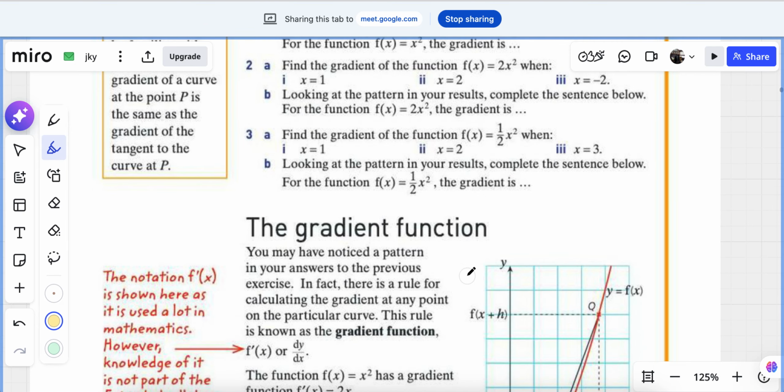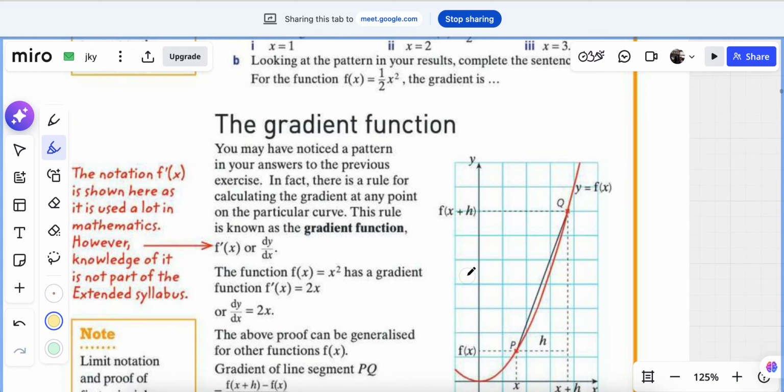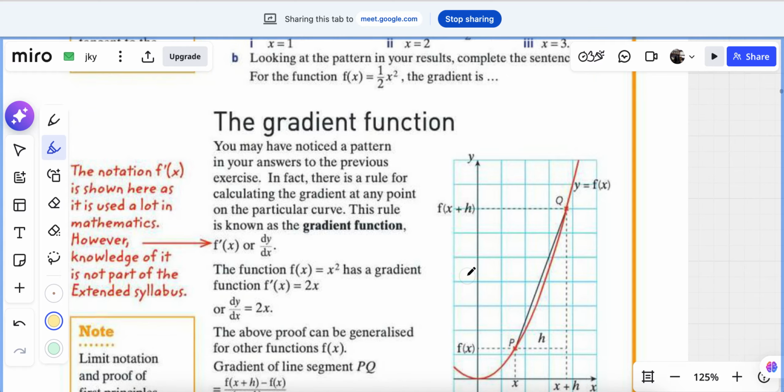Okay. Now let's take a look at the gradient of a function. As we said, it's the same as differentiation. The gradient of a function f(x) is the same as the rate of change and is the same as differentiation. It can be written as f prime of x, or what we call dy over dx.